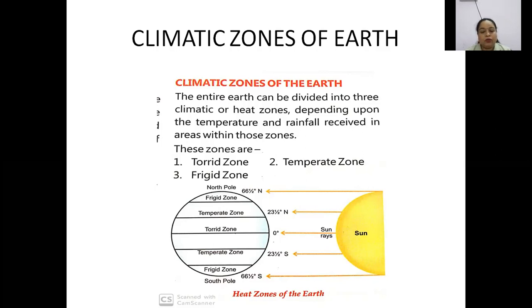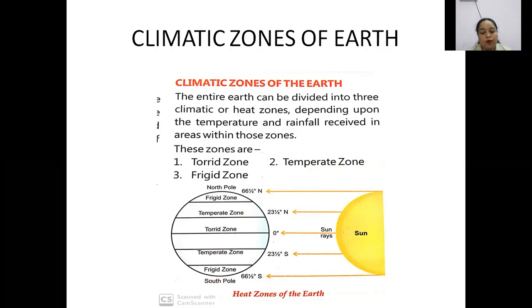Next, I'll read about the temperate zone. This climatic zone lies between the Arctic Circle and the Tropic of Cancer in the northern hemisphere, and between the Antarctic Circle and the Tropic of Capricorn in the southern hemisphere. So when we move from 23.5 degrees north to 66.5 degrees north, it is called the temperate zone.